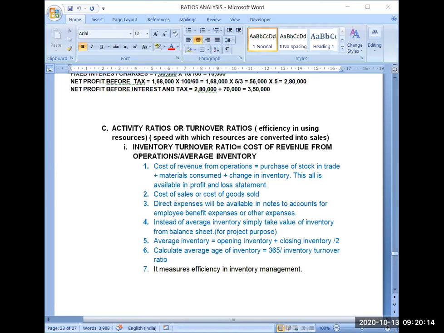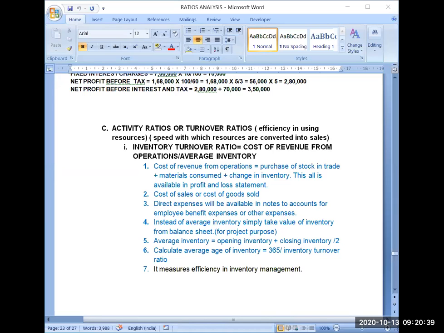So cost of revenue from operation is the same as cost of goods sold, which you learned last year. If you remember the formula of cost of goods sold, you can easily correlate it with the cost of revenue from operation.